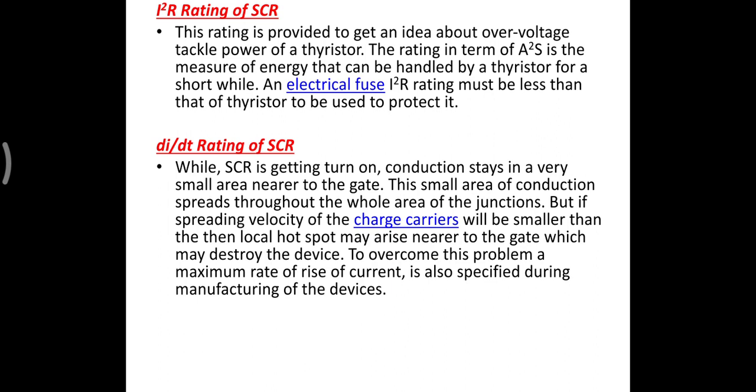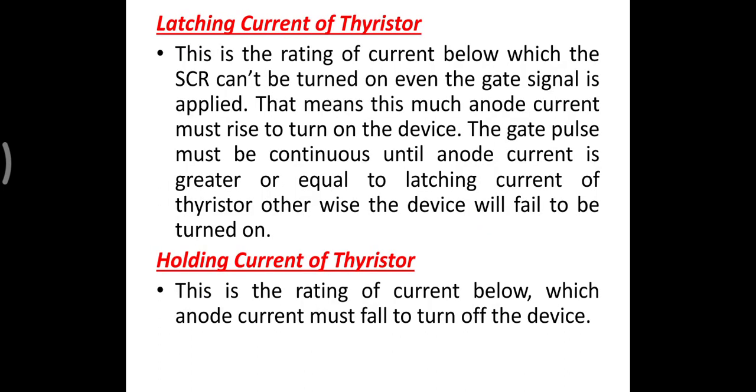So for that purpose we have to control this di by dt rating also. So we have to choose the SCR depending upon this di by dt rating also. Next, latching current of the thyristor.